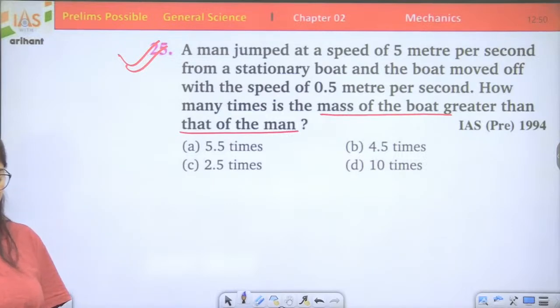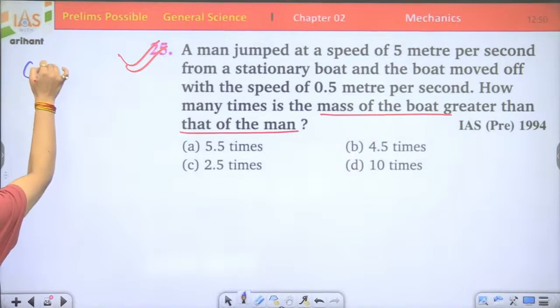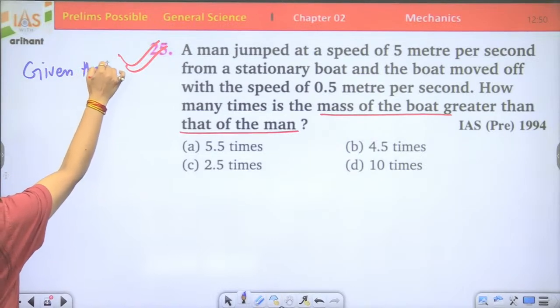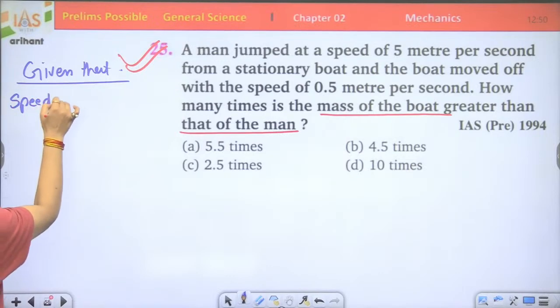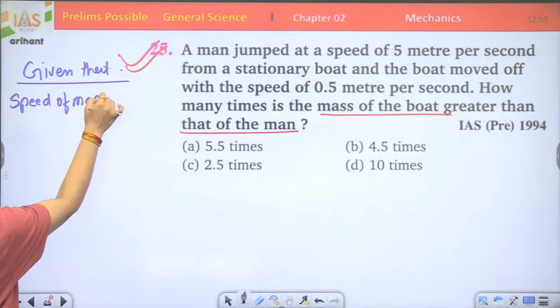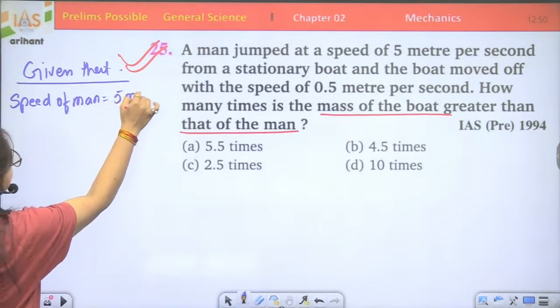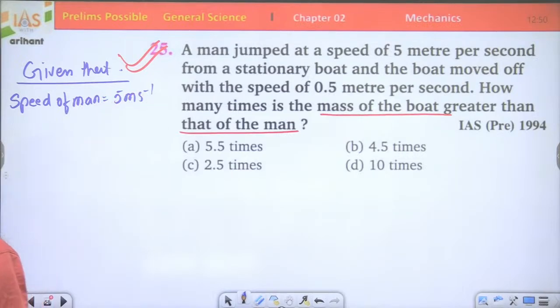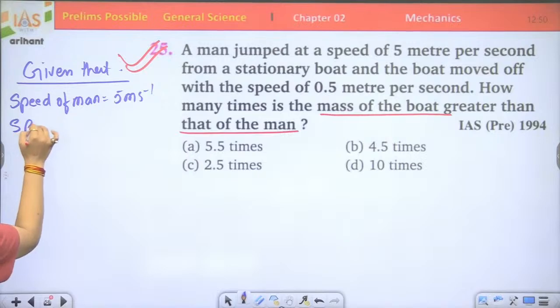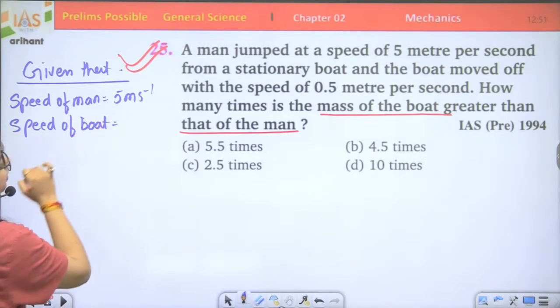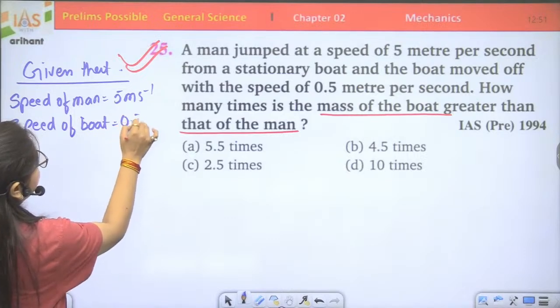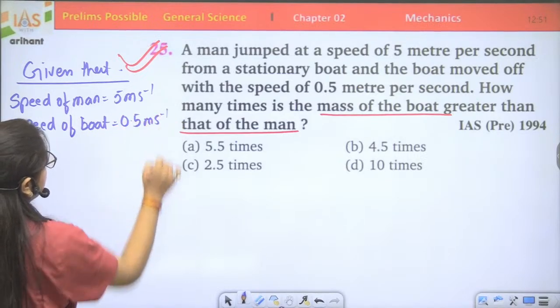We have to solve this question. So what is given in the question: the speed of the man is equal to 5 meter per second, and the speed of the boat given in the question is 0.5 meter per second, right?